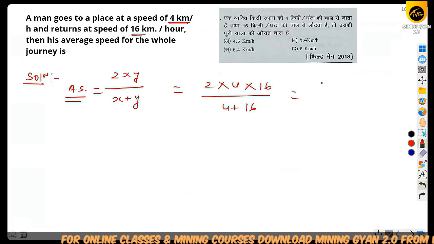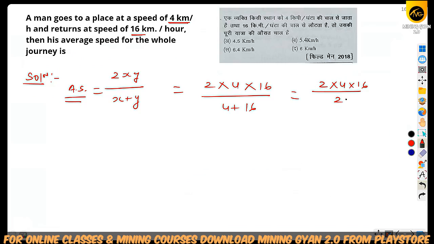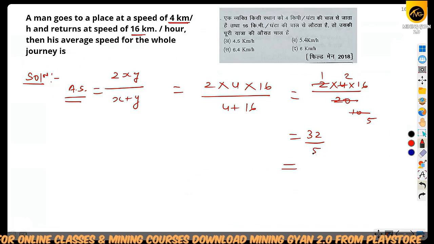It will be 2 into 4 into 16 divided by 20. Right? So 2 tens are 20, and 2 ones, then you have 5 2s, it will be 32 divided by 5, or you can solve again.